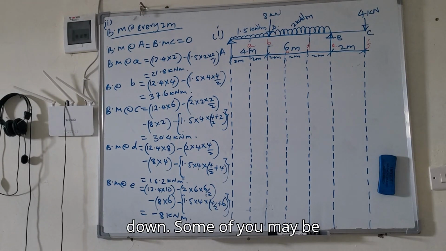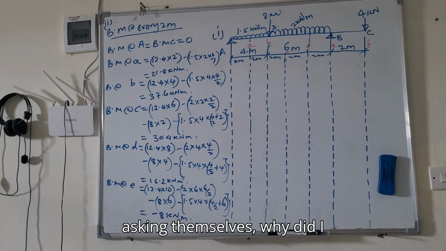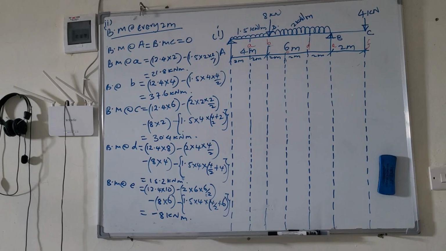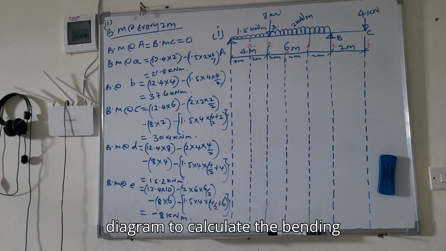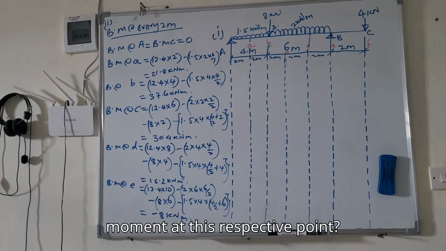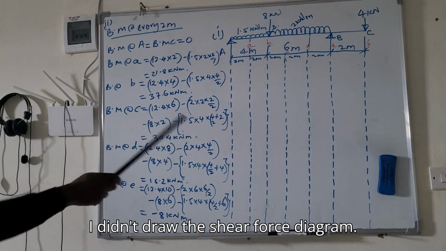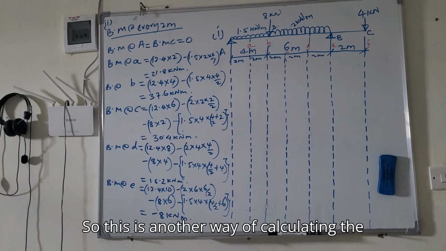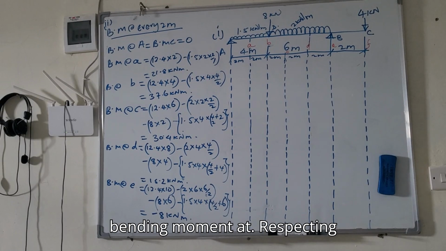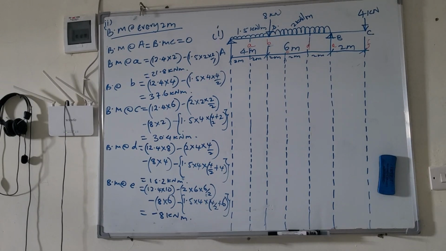Some of you may be asking themselves, why did I not use the shear force diagram to calculate the bending moment at this respective point? It is because I didn't draw the shear force diagram. So this is another way of calculating the bending moment at respective points.